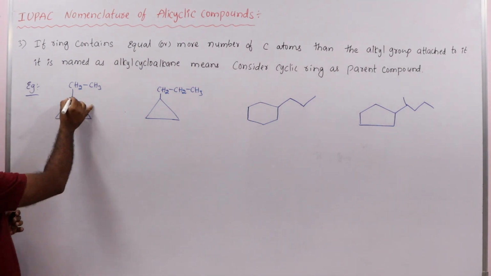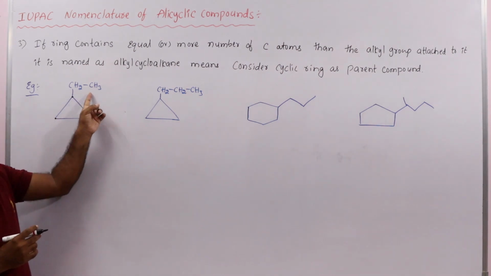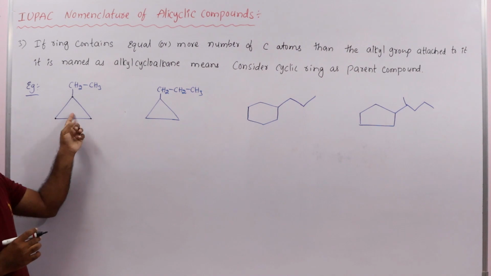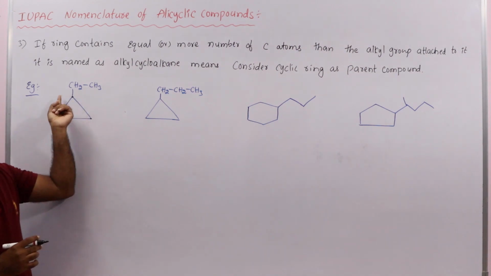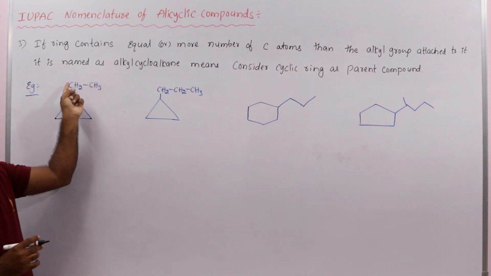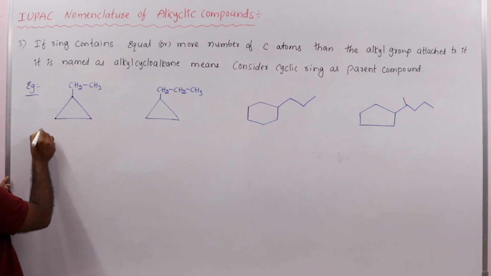The ring contains 3 carbons, 1, 2, 3. The side chain contains 2 carbons. In this case the ring contains more carbons, that's why we select the ring as the parent compound, and this one as a substituent. So that's why we are writing ethyl.